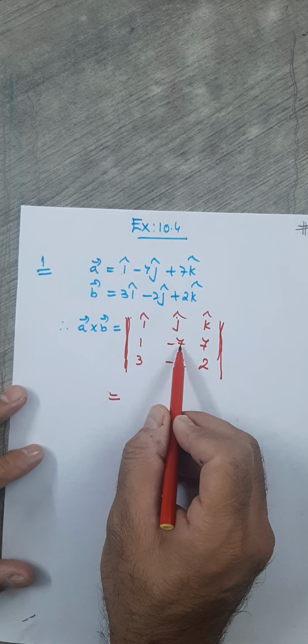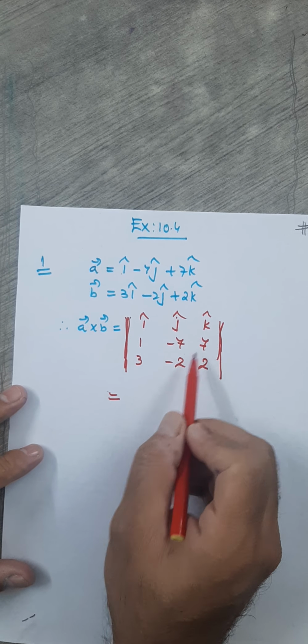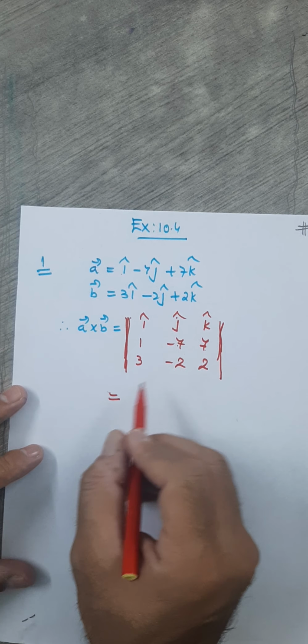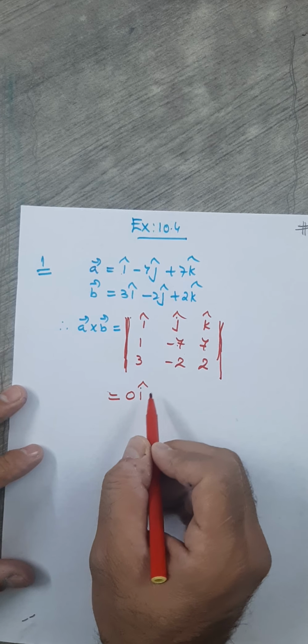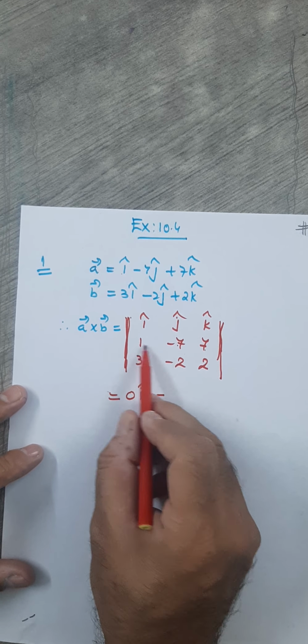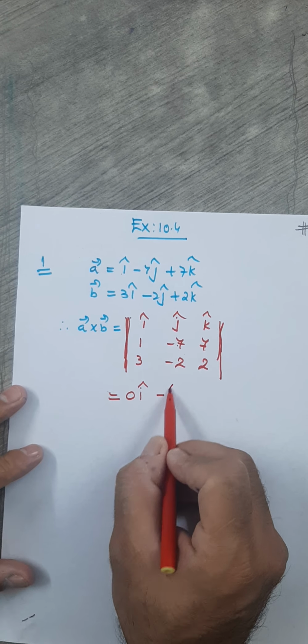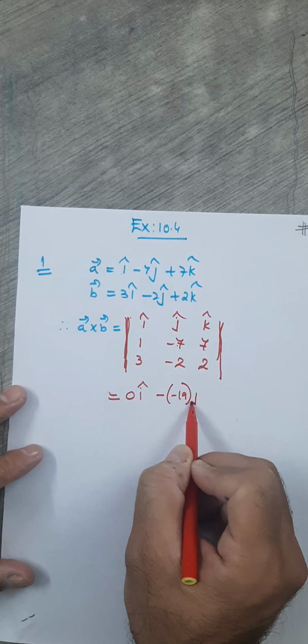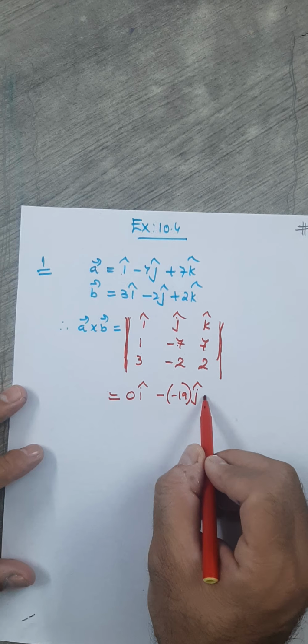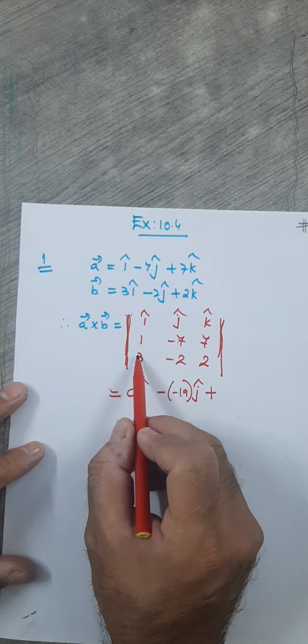this is nothing but minus 14 plus 14. Minus 14 plus 14, so 0 i cap. Minus, what about this? 2 minus 21, so it is minus 19 j cap, and with the minus sign in front it becomes plus 19 j cap. Plus, what about this?